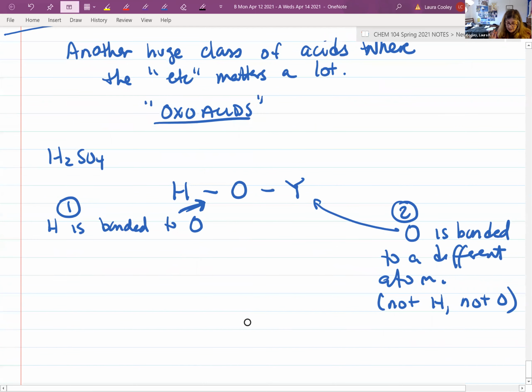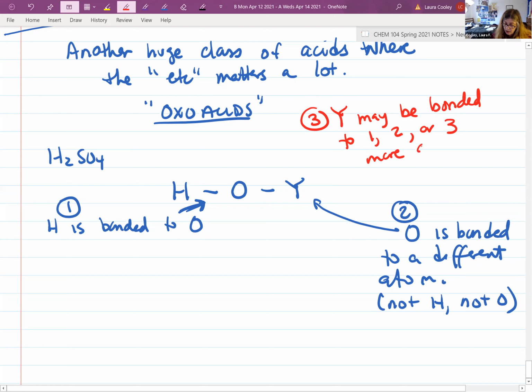So that's the second aspect of oxo acids. And the third is that that other atom may be bonded to 1, 2, or 3 more oxygens. So we can have up to 3 more oxygens. You don't have to have them all. You could have 2, or you could have just 1, but you could have up to 3.